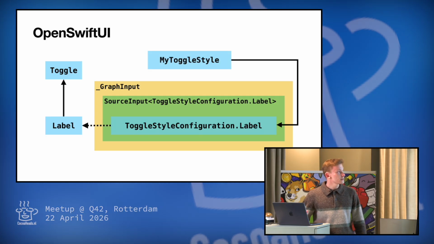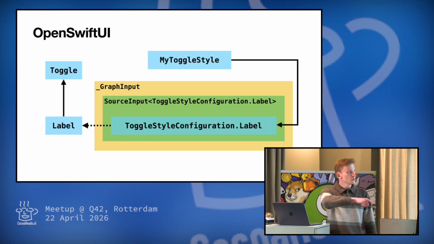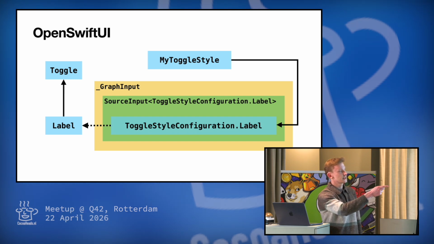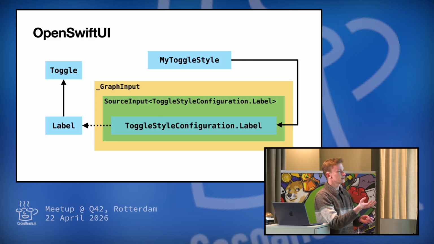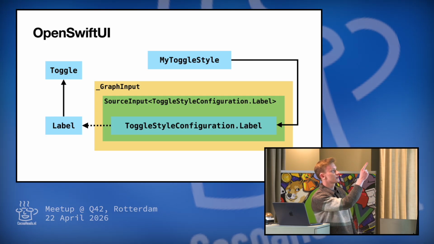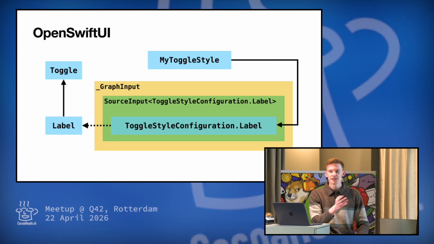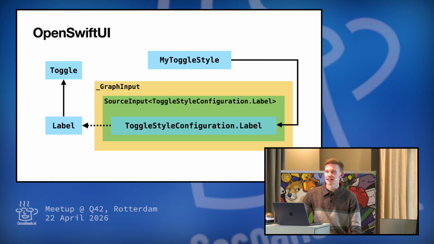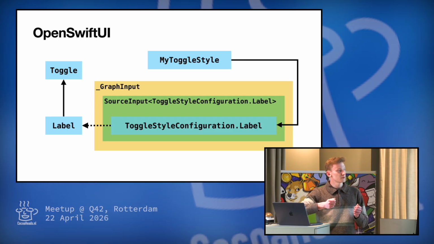Now, when you make a toggle style, you work with the toggle style configuration.label, and when SwiftUI encounters that in its view hierarchy, it can see, oh, this one belongs to the label that is part of this toggle. So I think the key here is in alias. It's really just like a name, and when SwiftUI sees it, it sort of copies over all the modifiers you've attached to it to the actual label. It's a pretty brilliant and elegant way to do type erasure.